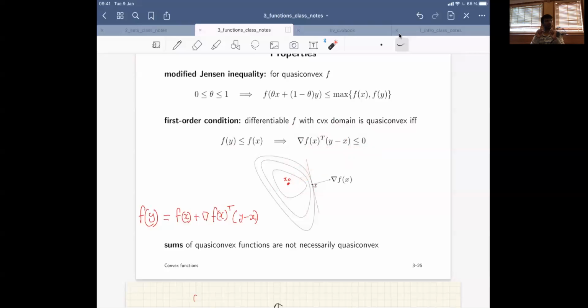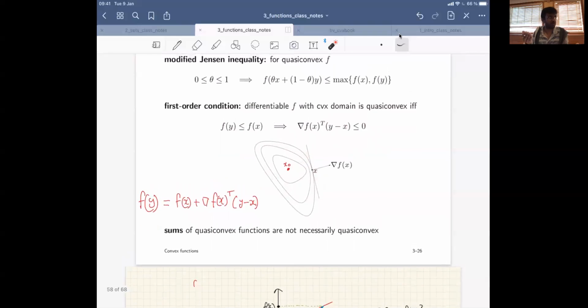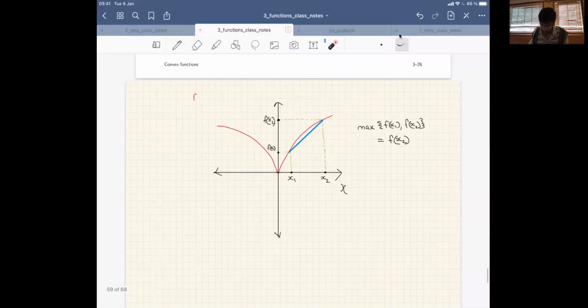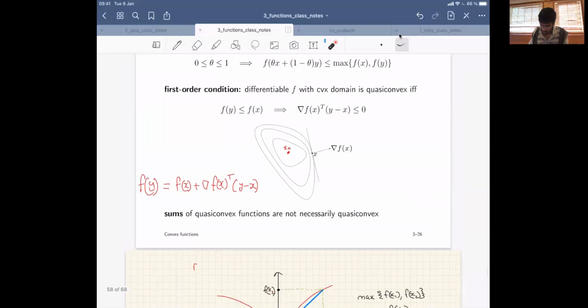So this gives you information whether it's left or right you have to travel to minimize your function. It's like giving you one bit of information, left or right. So that's an important property of quasi-convex functions. Of course, for convex functions you can also apply this. That is the first order condition.